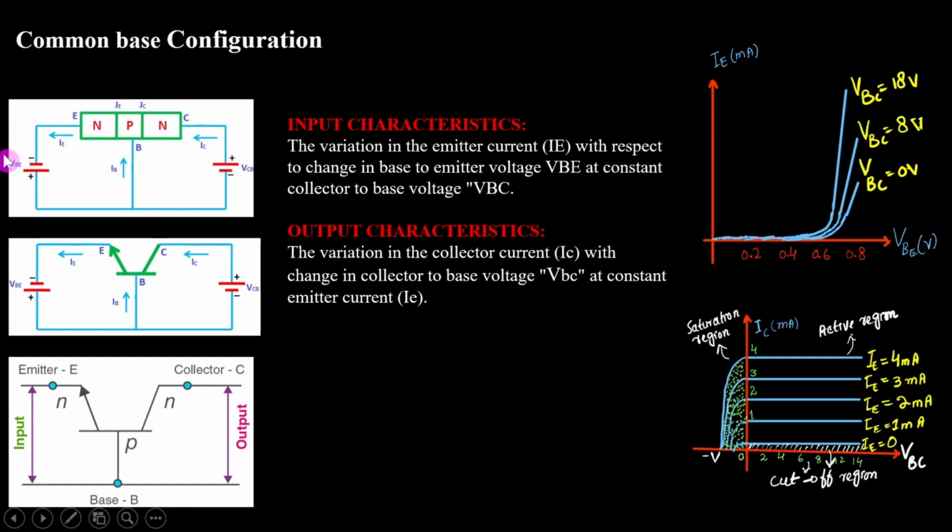As I have discussed, this VBE is the forward bias. Here this VCB was the reverse bias. If this is also forward biased, the electrons will move from N to P. Similarly, if this is also forward biased, the electrons will move from this N to P. Some minor current will occur.